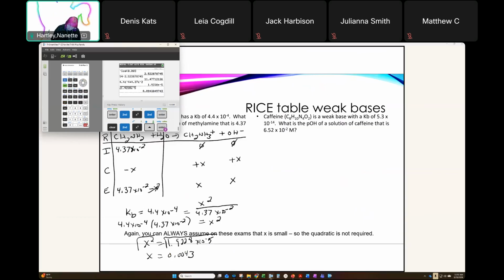Okay, and that again is equal to the OH minus, or the CH3NH3 plus. And so my pOH is equal to the negative log of that value.